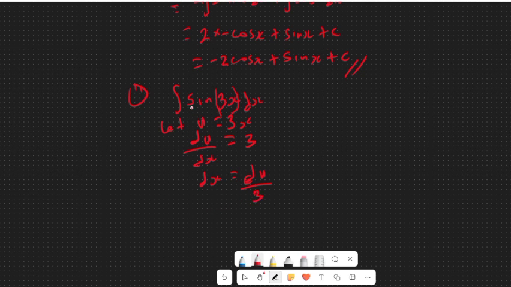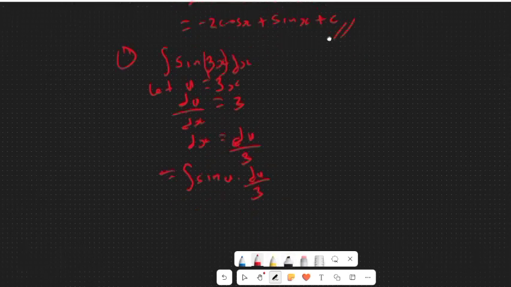So where you have your 3x, you put your u, and where you have dx, you put this. So we have the integral of sine u du over 3.